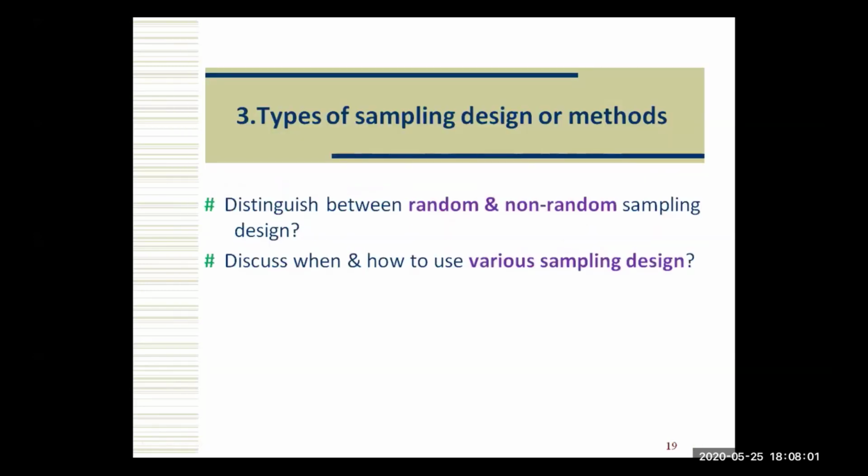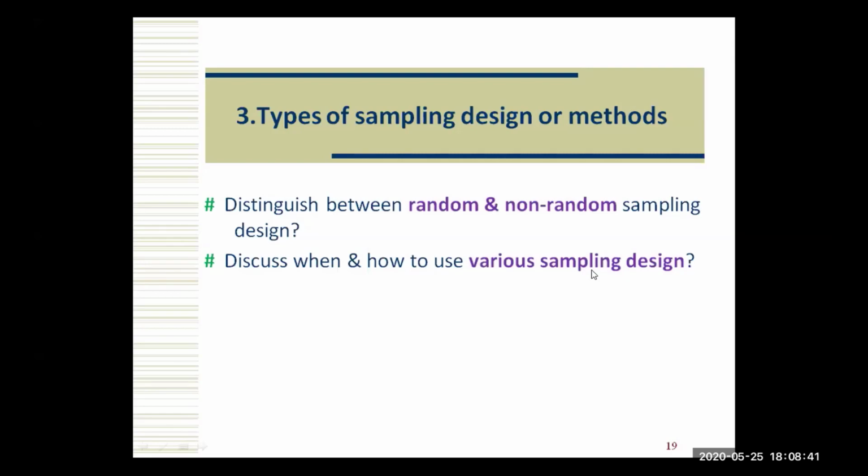The third part of this discussion is to discuss the different common types of sampling design or methods. Let us also discuss random sampling, the distinction between random sampling versus non-random sampling design, and discuss when and how to use the various sampling designs.